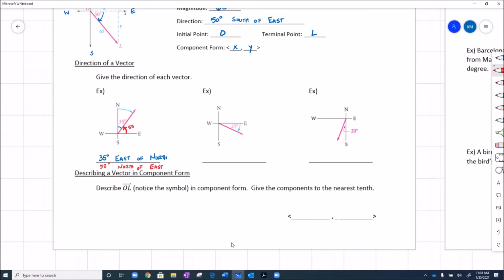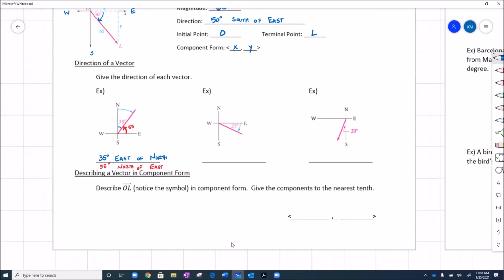So a couple things you'll notice about these complementary names is that they are complementary. They add up to 90 degrees. Okay. And then you see that we would change or flip the order of the compass rose directions.